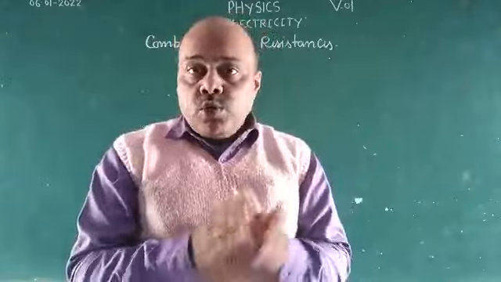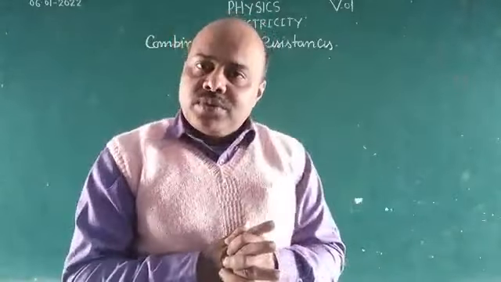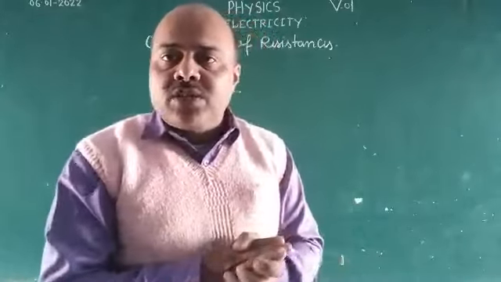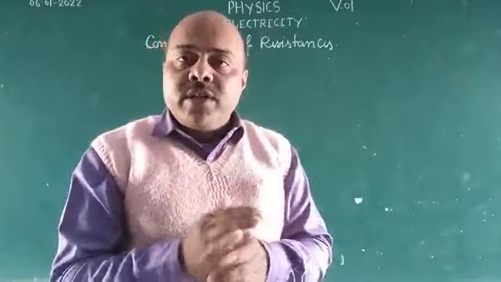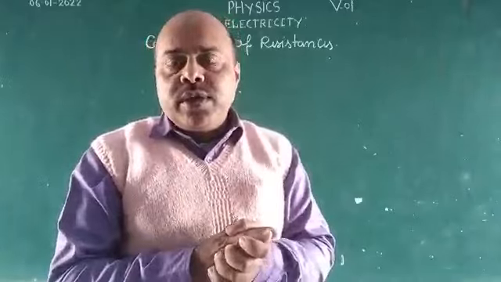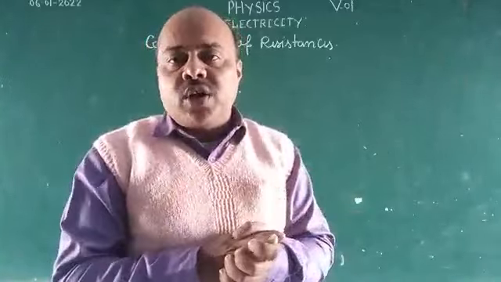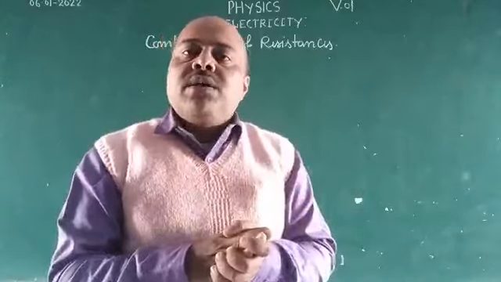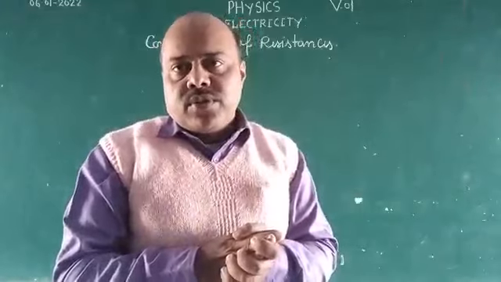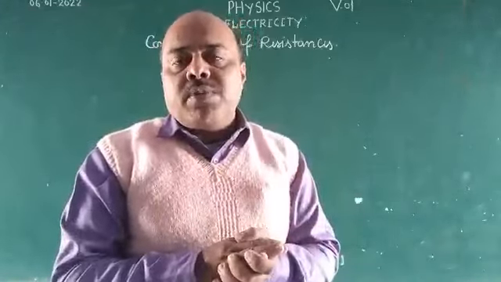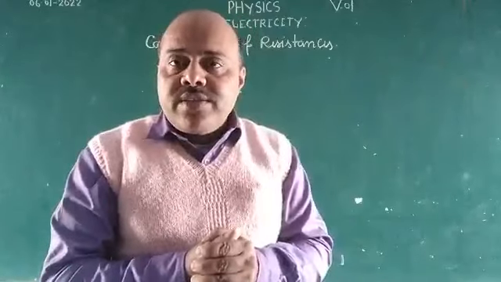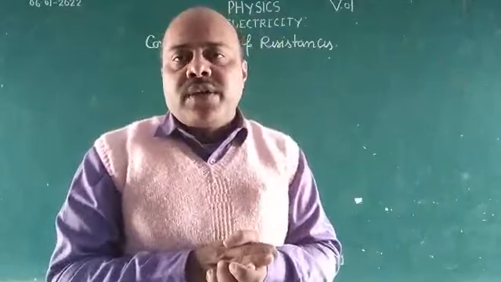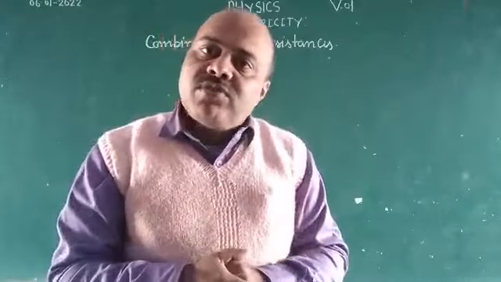But during the movement of free electrons, the atoms and ions collide with each other. Due to the collision between the atoms and ions, resistance arises. Resistance is the electrical property of a conductor which opposes the flow of charge.